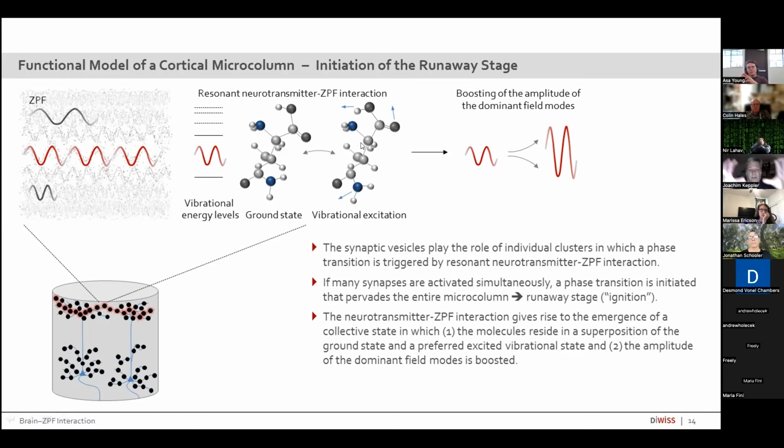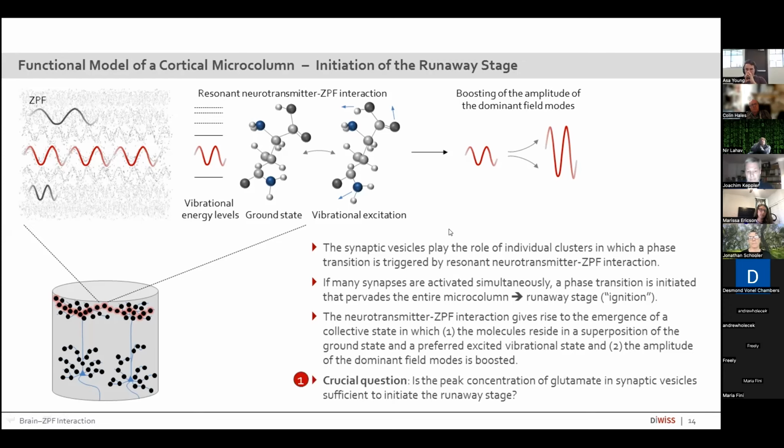So on the one hand, we have the resonant neurotransmitter zero-point field interaction, which leads to a vibrational excitation of the molecules. And on the other hand, we have the boosting of the participating field modes. So this is the rationale, the idea behind this model.